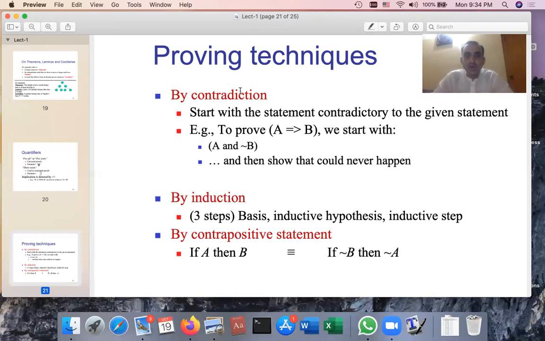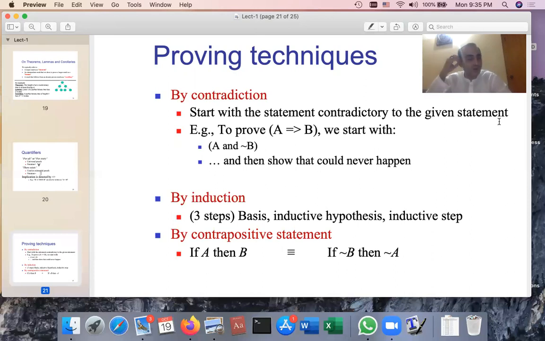If we want to prove something, then we have to start with a statement contradictory to the given statement. If some statement is given and you have to prove something over it, then how can you prove it using the contradiction method? You have to take a supposition.